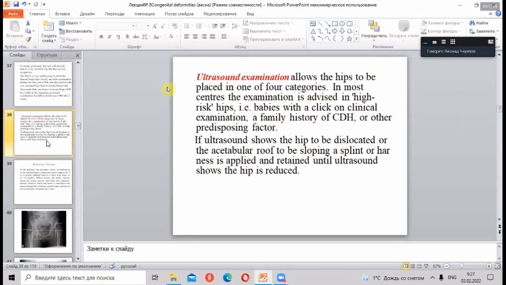Ultrasound examination allows the hip to be placed in one of 4 categories.